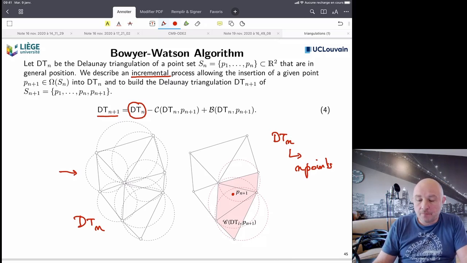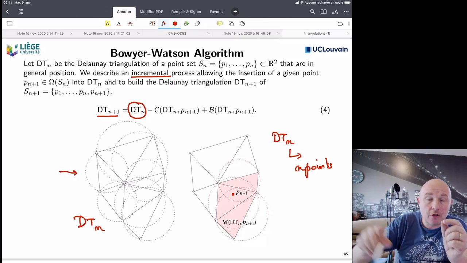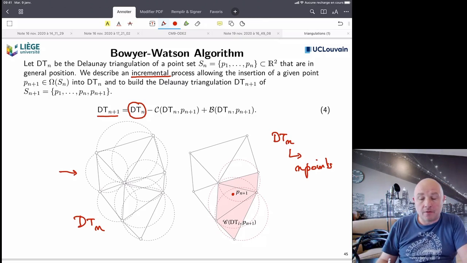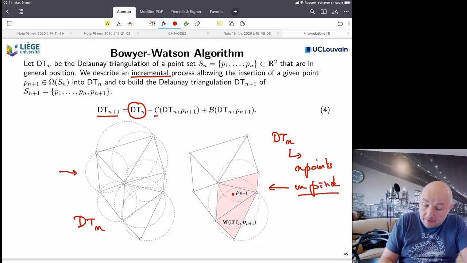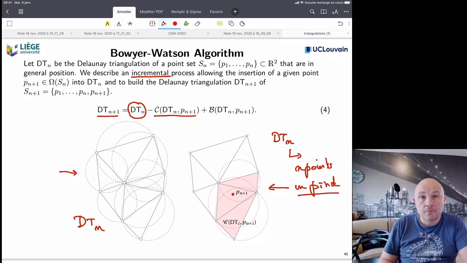Which triangles? The triangles that have their circumcircle containing P n plus 1. And so those triangles are here in pink. Okay? That thing is called the Delaunay cavity.